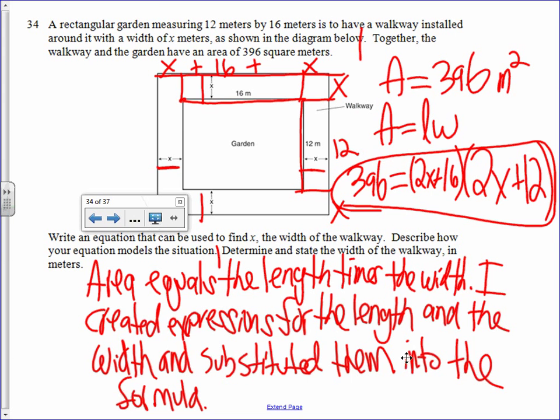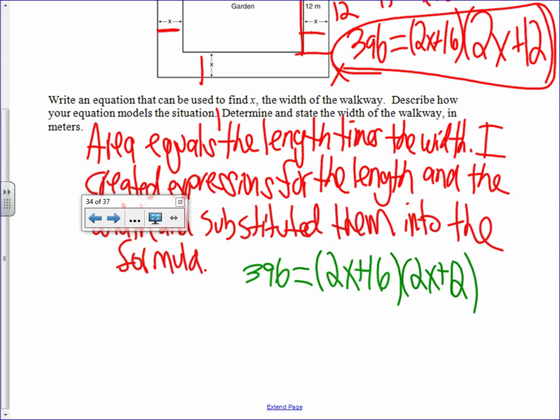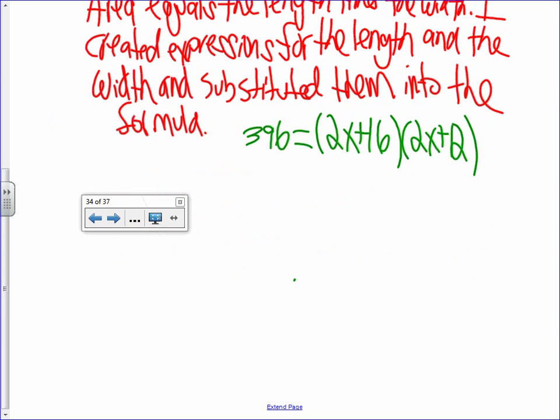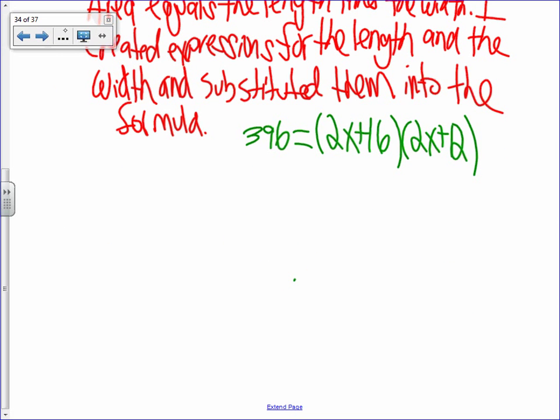Well, that's another fun task. I have 396 equals 2x plus 16, 2x plus 12. Well, first thing I got to do is I got to multiply those. So again, I'm doing the box.